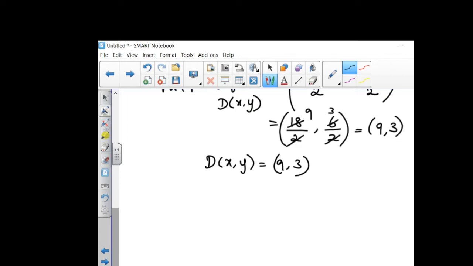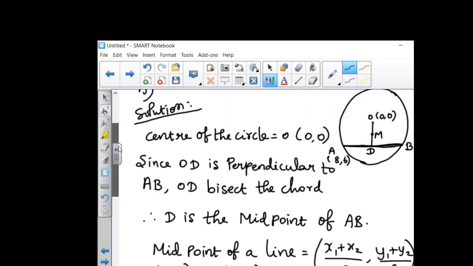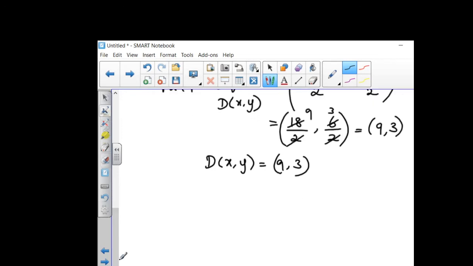Already we know that the point O is (0, 0). We want to find the midpoint of OD. Now we have the D point and we have the O point also. From these 2 points we have to find the midpoint of OD. So O is the point (0, 0) and D is the point (9, 3). So you can take it as x1, y1 and x2, y2.